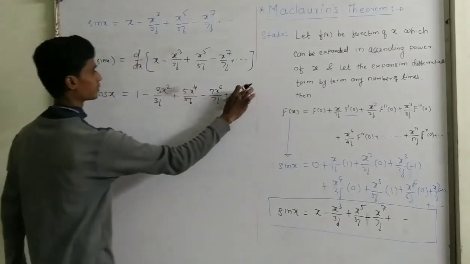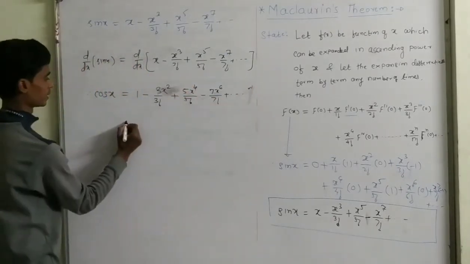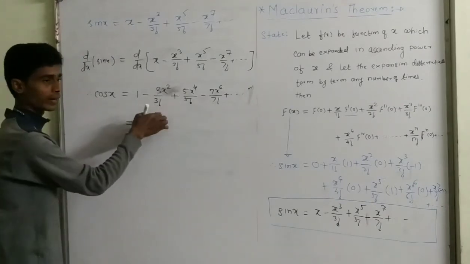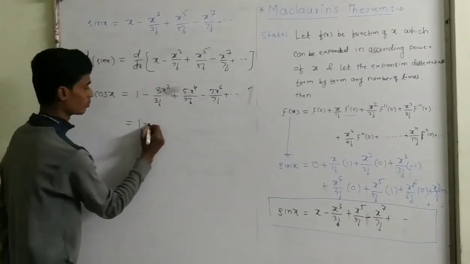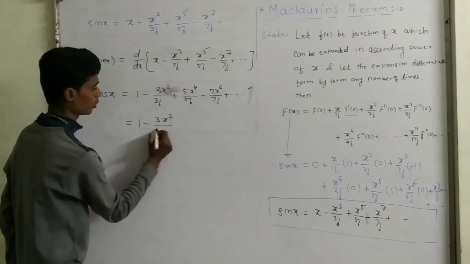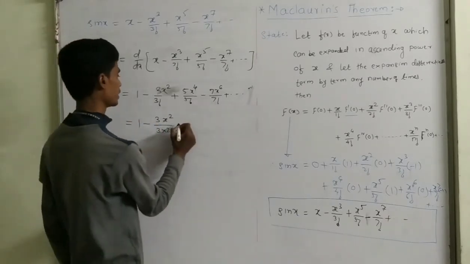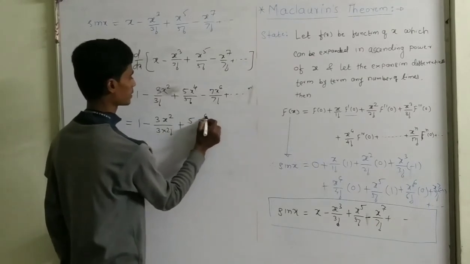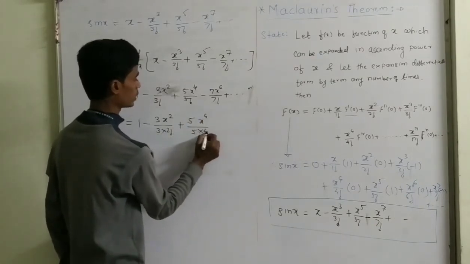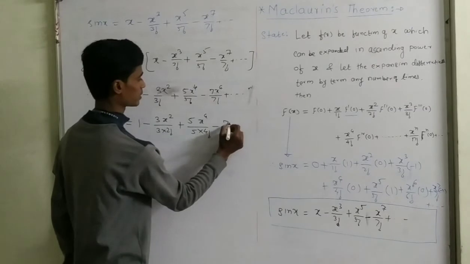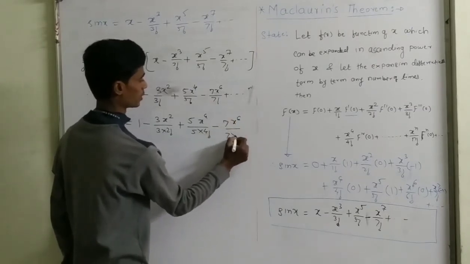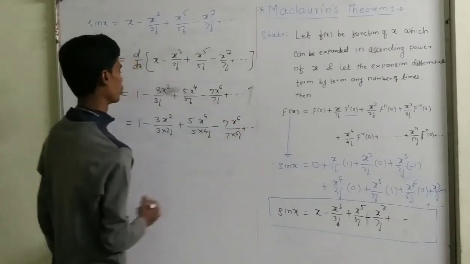Just simplify it. This is 1 as it is. Minus 3x square upon 3 into 2 factorial. We have to know the formula for n factorial. Plus 5x raised to 4 upon 5 into 4 factorial minus 7x raised to 6 upon 7 into 6 factorial and so on.